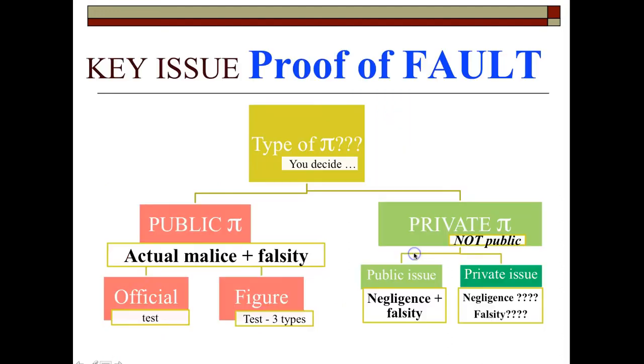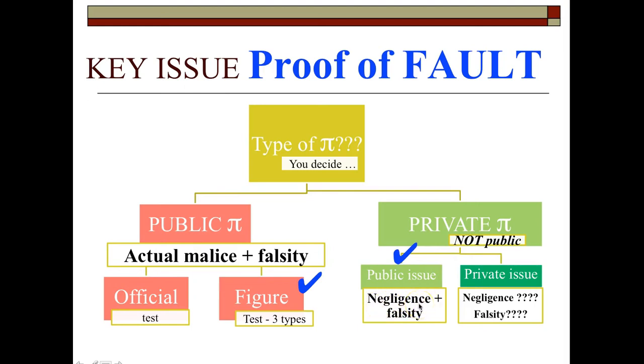Why does it matter which you are? Remember, if you're a public figure, even a limited purpose public figure, you're going to have to prove actual malice for any stories about the criminal case, the issue for which you're a public figure. In contrast, if you don't talk to the media, you're going to be a private figure on a public issue. And to recover, you would only have to prove negligence.